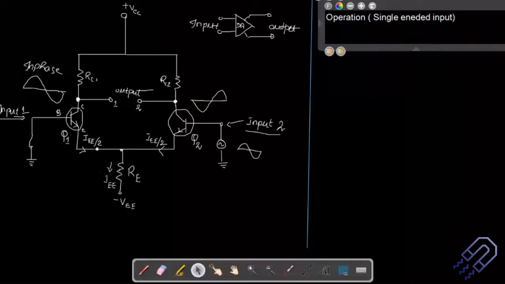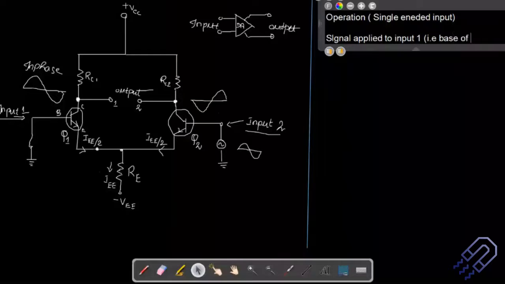Let me take an example. I'm applying a signal to, let's say, input 2. This diagram is only for reference. So let's say I'm applying a signal to input 1, sorry, that is basically the base of Q1.